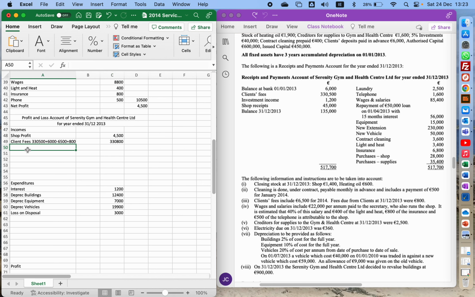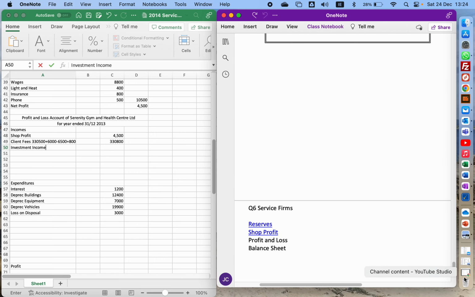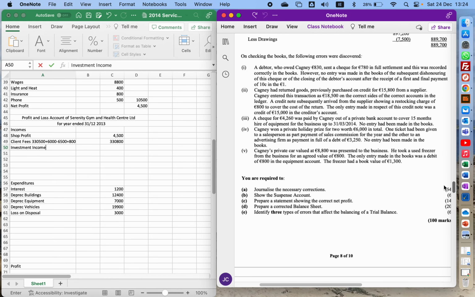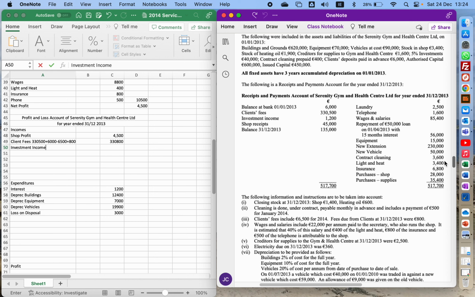Investment income. Now, it was very easy for us to take the 1,200, but we need to just double check, did we get the right amount of money for investments? 5% investments, 40 grand. So that means that I should have received 40 grand multiplied by 5% for the full year. Now, just making sure that the investments weren't taken out partway through the year.